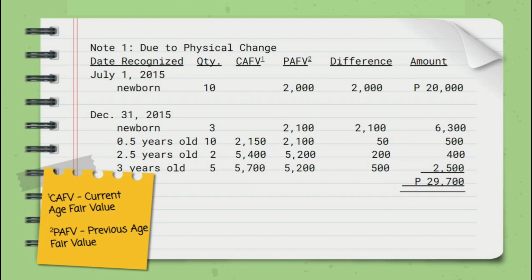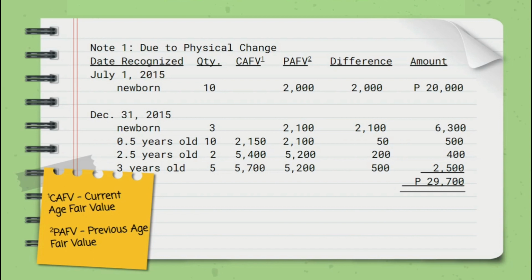For the 3 years old, which has the current age fair value of 5,700 pesos and previous age fair value of 5,200 pesos, which gives us the difference of 500 pesos, when multiplied by 5 will give us 2,500 pesos.